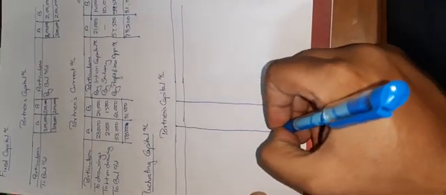So in the fluctuating capital account, we make only one account, the partners' capital account, which contains all the information of a partner.